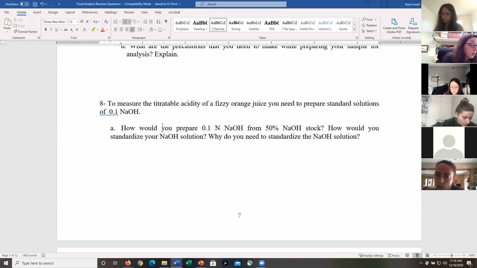All right, how many milliliters of this do I need to take to produce 1 liter, say? I didn't say how many liters, but let's say I want to produce 1 liter. I will tell you the volume. So if I want to prepare 1 liter, that's 1,000 milliliters times 0.1 normal. So I'll do NV times NV. Normality times volume equals normality times volume.